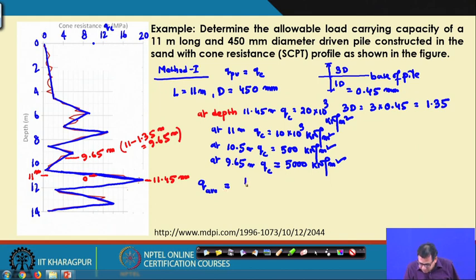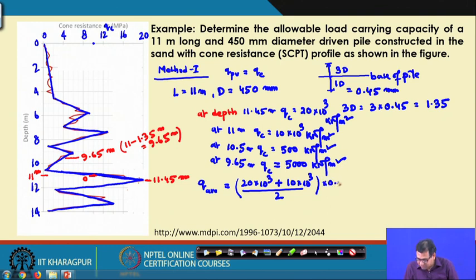The average value here is 20 into 10 to the power 3 plus 10 into 10 to the power 3, divided by 2 for the average, and that length is 0.45.